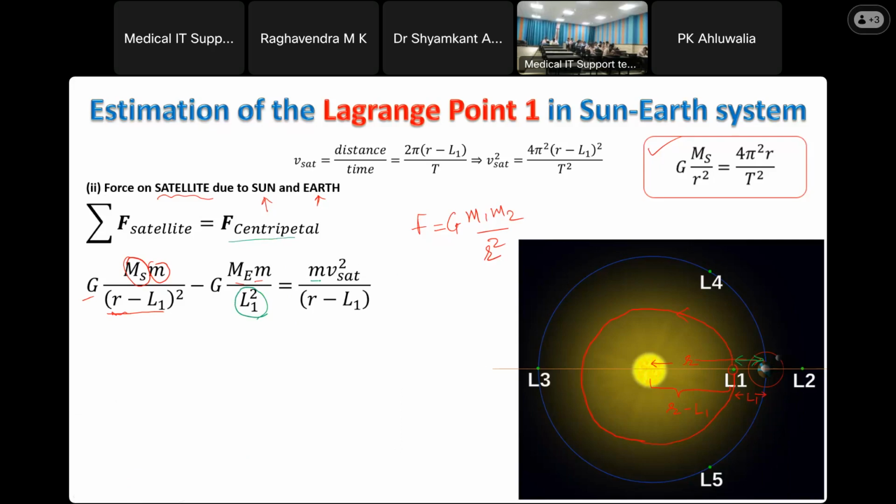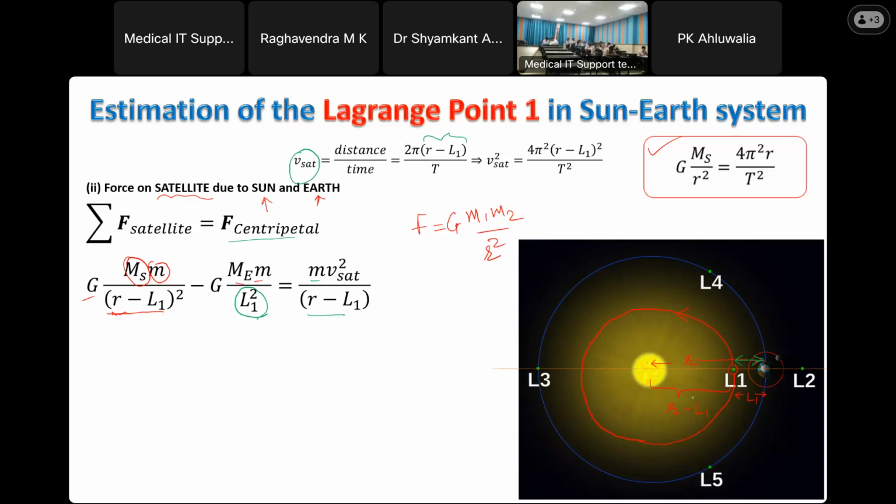So here the rotating object is satellite, so mass of satellite multiplied by v square, that is velocity of satellite square, divided by the distance between two, that is R minus L1, that I have already explained to you. So here I have modified this formula for v satellite. The distance is 2 pi r, and this time the orbit is R minus L1.